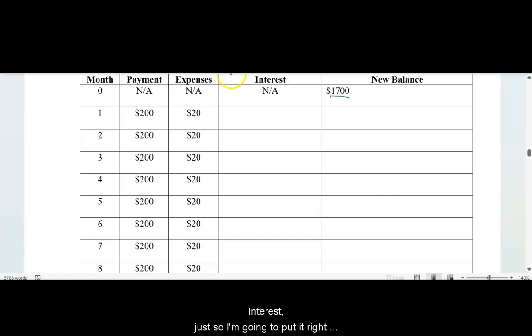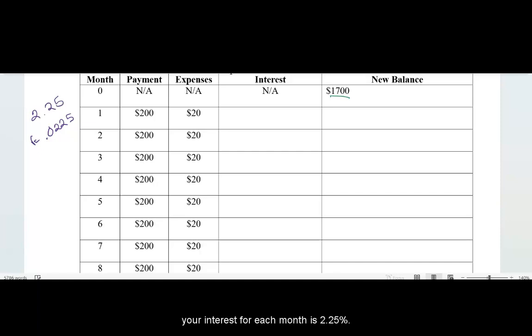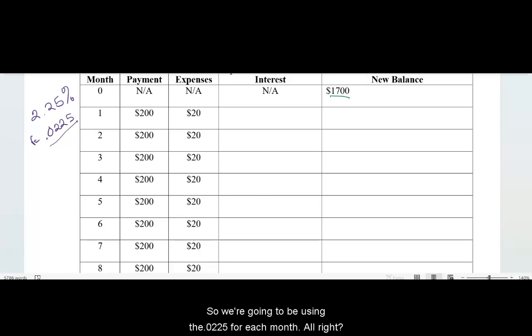Interest. I'm going to put it right here. For all of this, your interest is going to be 0.0225, because remember, your interest for each month is 2.25%. So we're going to be using the 0.0225 for each month. I'm going to take 0.0225 times the balance, which right now is $1,700.